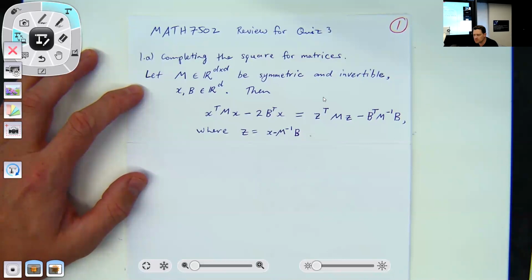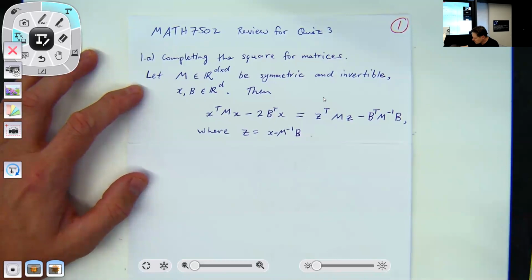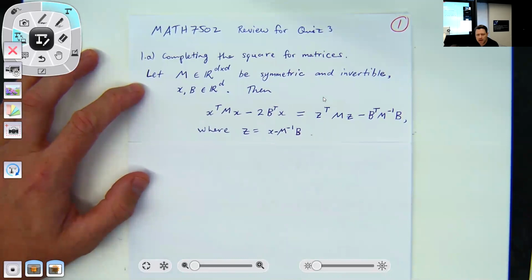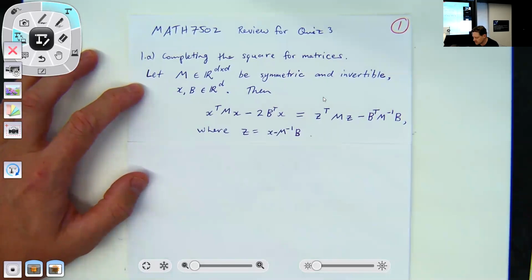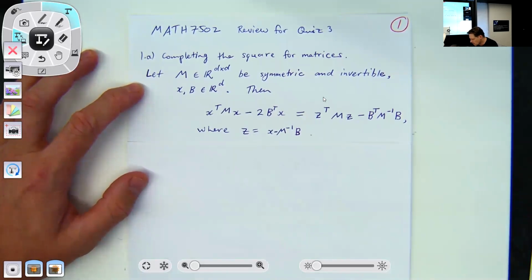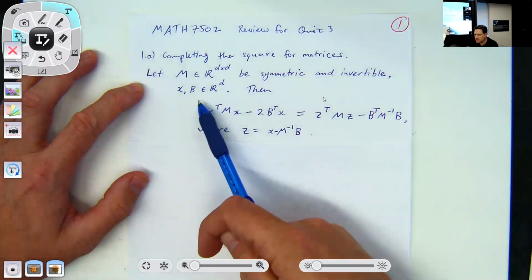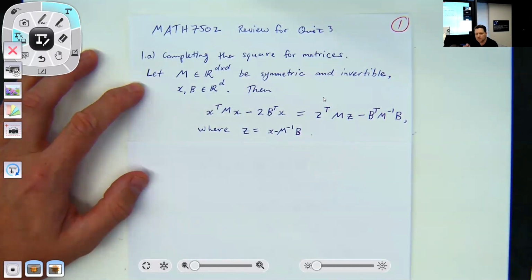All right, now I hope everyone knows how to complete the square for quadratic polynomials. What we have here is a matrix M, and we're going to suppose that it's got real entries, it's a square matrix, and it's size D by D. We'll also assume that it's symmetric, invertible, and we will assume that X, and I've got an uppercase B here, just to be sure that I don't confuse us with the subsequent problem, because we also need a b in a subsequent problem.